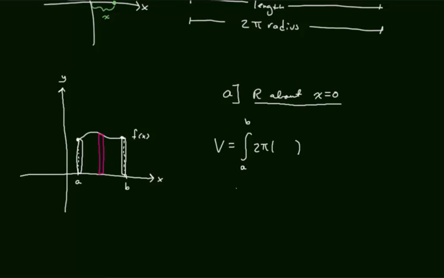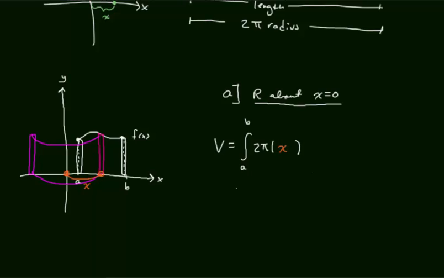Let's see if we can look at that. Here's the curve on the other side that gets rotated, and no matter where I draw the rectangle, the radius is going to equal the distance from the y-axis out to that particular rectangle, which you can see for anything from 0 to an x value is the quantity x.